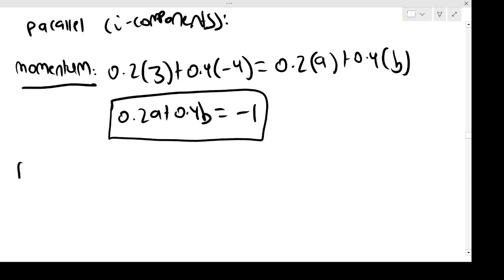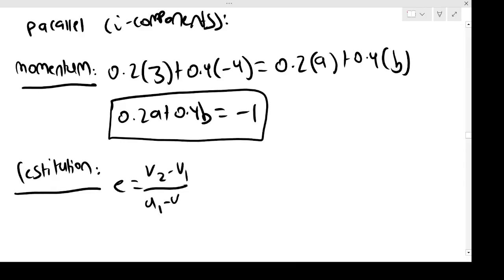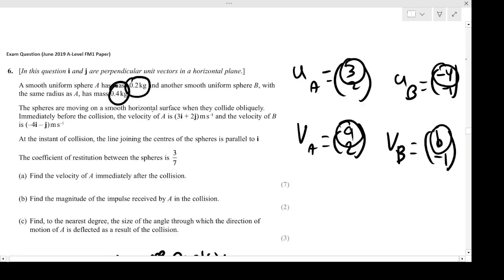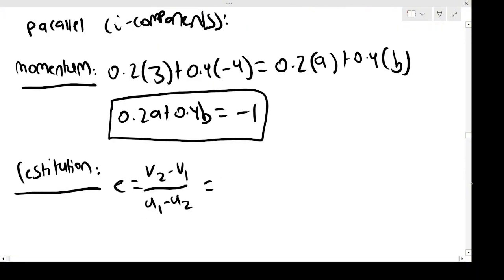Then restitution. Okay, so E, which again is going to be V2 take away V1 over U1 take away U2. Well, in this case, for the i components, V2 is going to be B here, right?